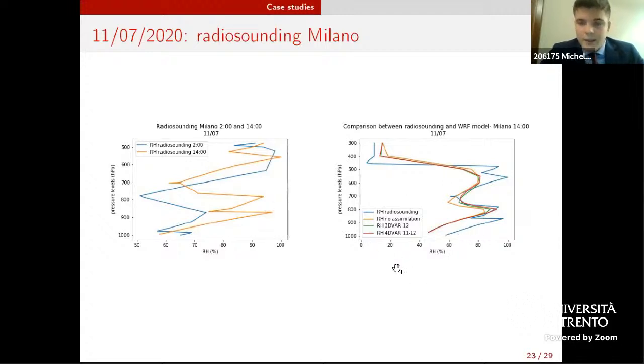Looking on the right at the relative humidity profile predicted by the WRF model at 2 p.m. without assimilating any data in orange, assimilating all the data available at 12 in green, and assimilating all the data available both at 11 and 12 in red, you can see that generally the model underestimates relative humidity both at the lower levels, so at 900 and 800 hectopascals, but also at the upper levels, so at 600 and 500 hectopascals, where in blue, the radio sounding reports values close to 100%.